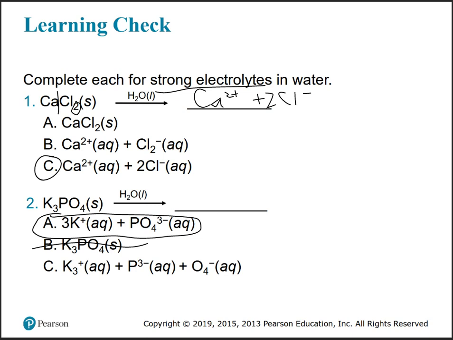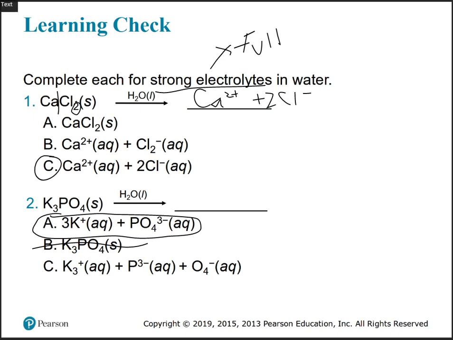And I take it that since many people didn't answer, that somebody's lost. So let's talk about it a little bit more. Strong electrolyte, we said that that's going to fully dissociate in water. That means that we're going to make some ions.